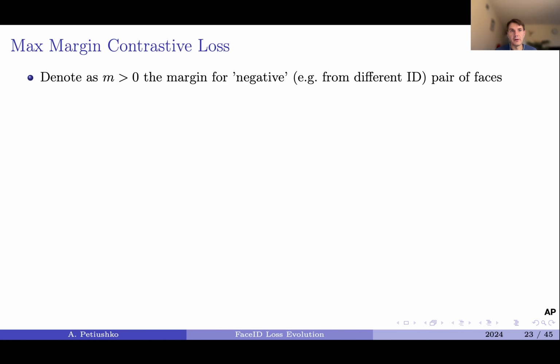And this is what is called max margin contrastive loss, or MML, or MMC. Denote the margin as lowercase m. This is not the same m which we used before as the number of samples. They're different. It is the margin for negatives. And when we are talking about negatives in the case of Face ID, it means negative pairs of faces, of different person IDs.